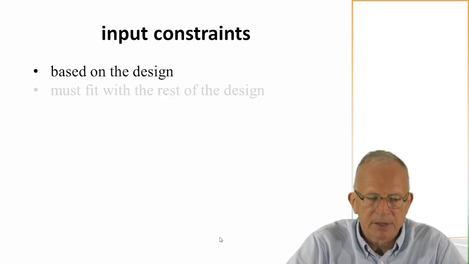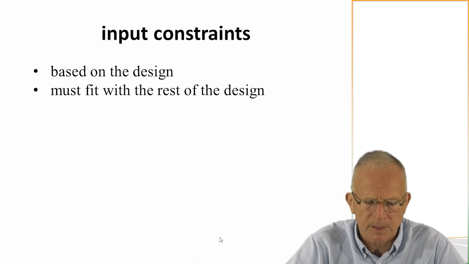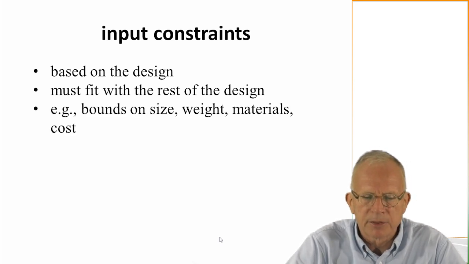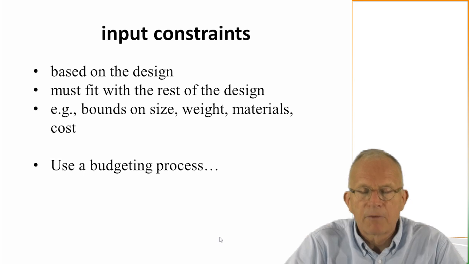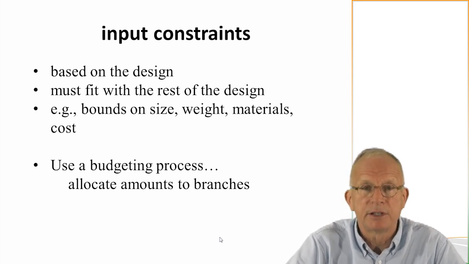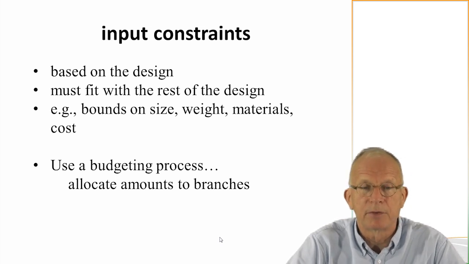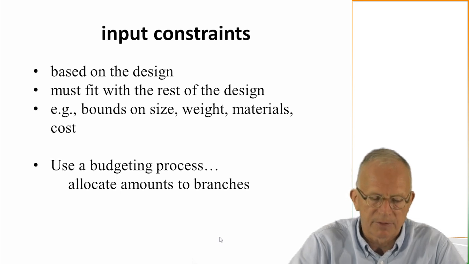These are based on the design, and it shows how a component must fit with the rest of the design. And these are bounds on things like size, weight, materials, and cost. For these, lots of times we can use a budgeting process. We can allocate different amounts of weight or cost to different branches in the design. And then you have a kind of negotiation between the different branches to see what proportion of the weight or the cost they will have.